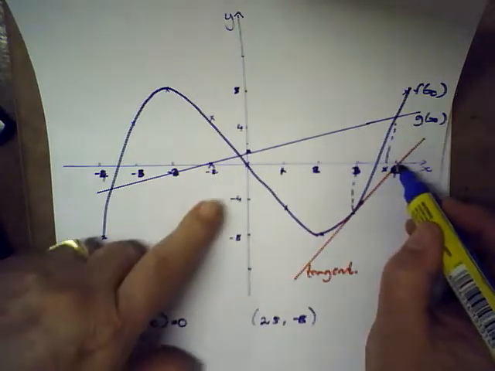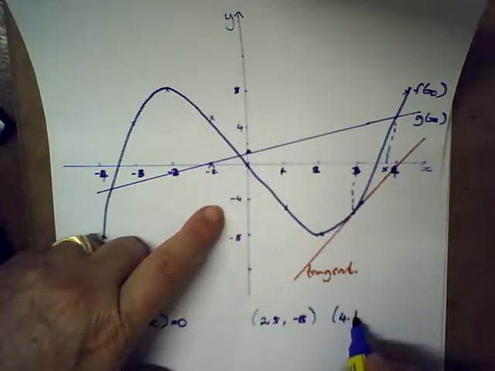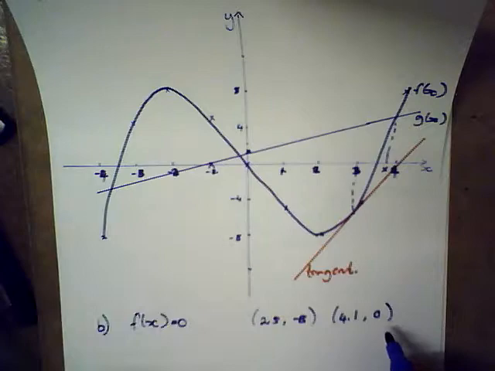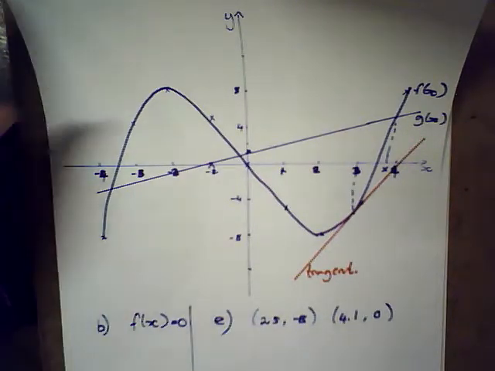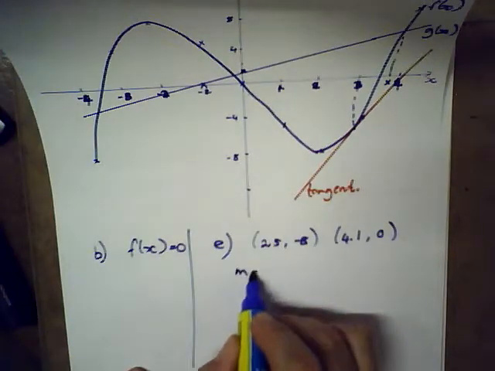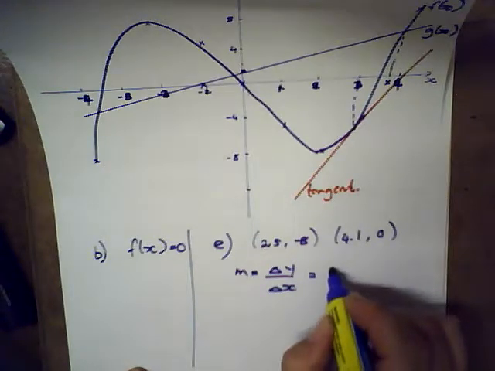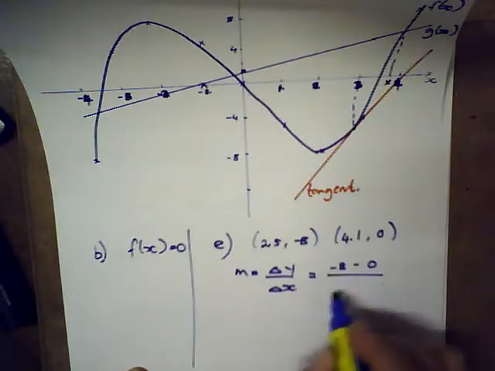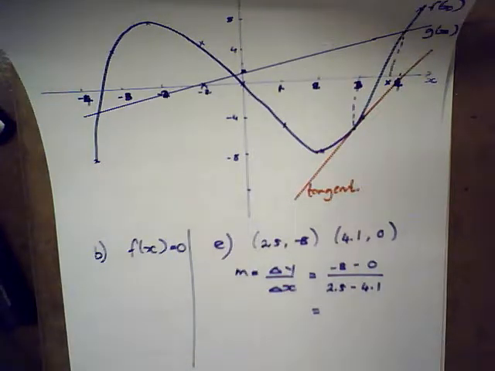And I have a point 4.1 and 0. Okay, so this would be question E. Now the gradient is m equals delta y over delta x. That would be negative 8 minus 0 over 2.5 minus 4.1. And I need to plug that into my calculator.